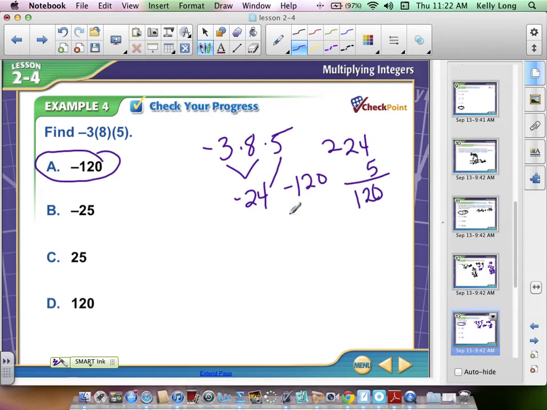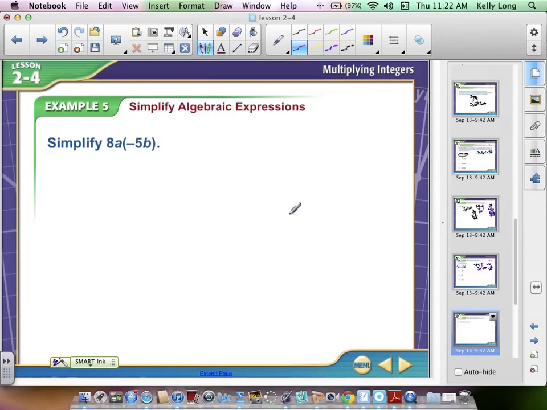Okay, same thing, no different. All right, what about simplifying an expression? I have 8a times a negative 5b. Now, do I have to worry about like terms when I'm multiplying? No, you don't. I can just multiply these together even though they have different variables.